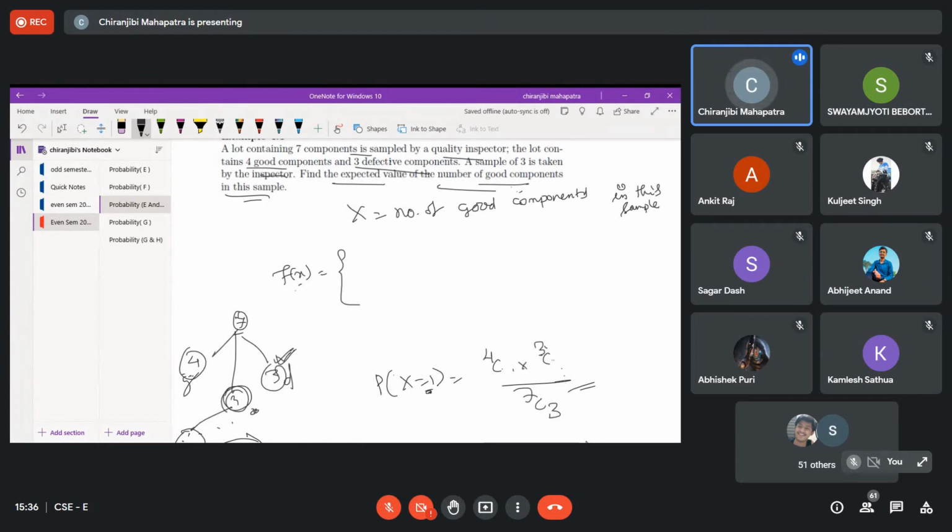So this will be equal to 4Cx into 3C? यदि तुम्हें टोटल 3 आइटम चूज करना है तो ऑब्वियसली x यदि x जितने गुड आइटम ऑलरेडी सिलेक्ट हो चुके, उतना हम यहाँ से सिलेक्ट नहीं कर सकते. So that will be equal to 3 minus x.